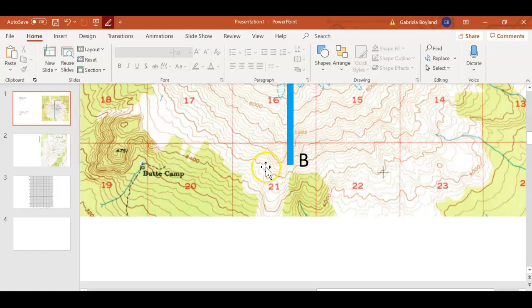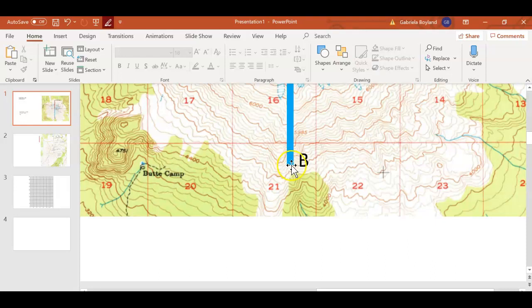And then it doesn't go all the way to 4,800, but it gets close. It gets almost all the way to 4,800, but plus an extra 80 feet. So it doesn't go all the way. It goes down 1, 2, 3, and probably 4 contour intervals below the 5,200 line.